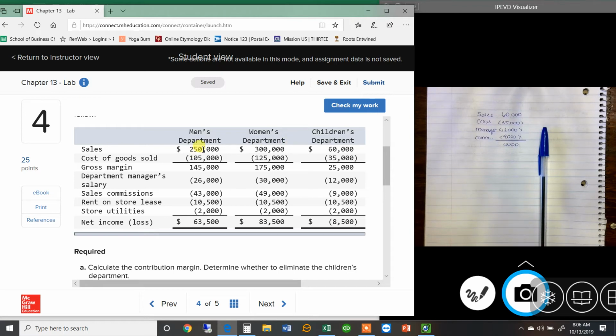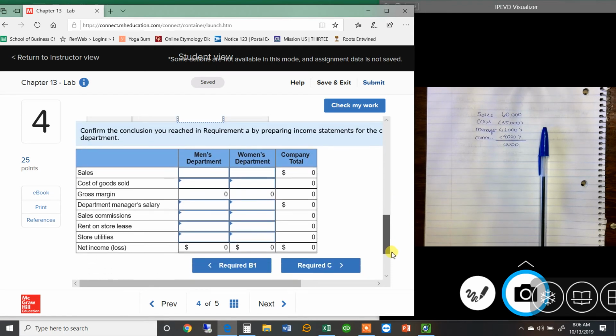Sales are based on that department only, costs are based on that department only, the manager's salary is based on that department only, and the sales commission is based only on that department. So if I got rid of this department, these costs would go away entirely. So me getting rid of this department has nothing to do with these first 4 items. And so I'm just going to transfer this down number for number.